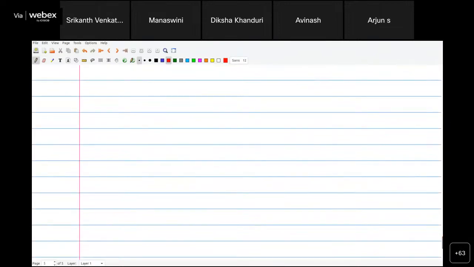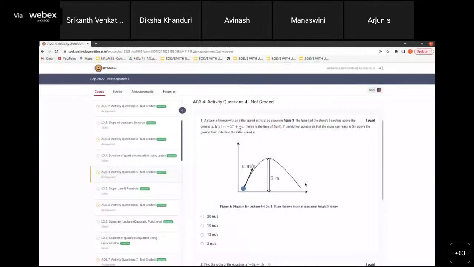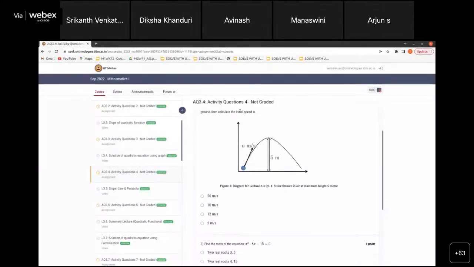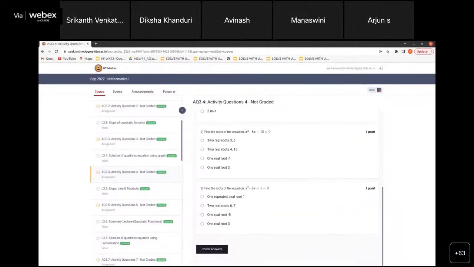Okay, let's come back. Question 1 answer should be option A. What about question 2? Finding the roots of the equation x square minus 8x plus 15 equals 0.